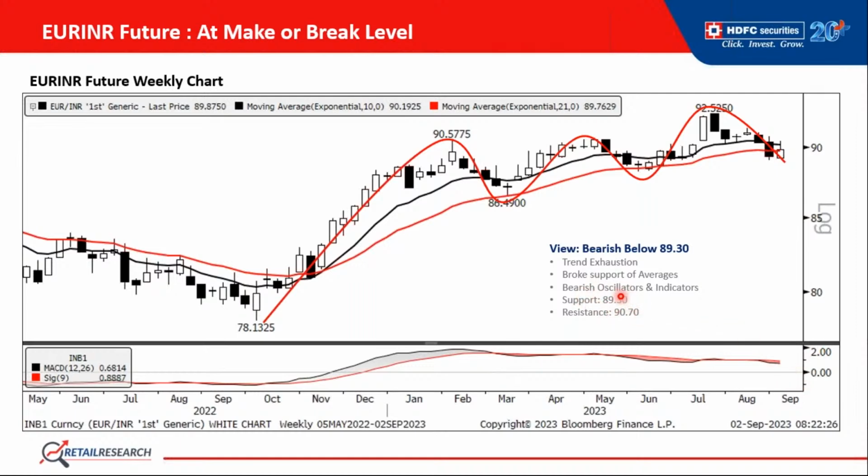As long as 89.30 is holding, one should remain on a neutral side, and on the higher side we believe 90.70 could be the hurdle for the time being. We turn bearish only below 89.30 because there is a negative divergence and negative trend indications from the MACD and RSI. For the time being, one should remain neutral and initiate short sell only below 89.30.